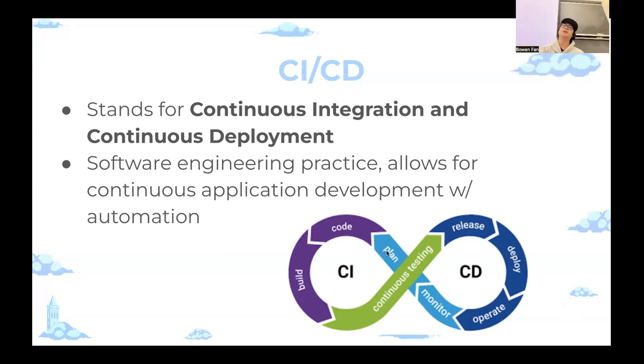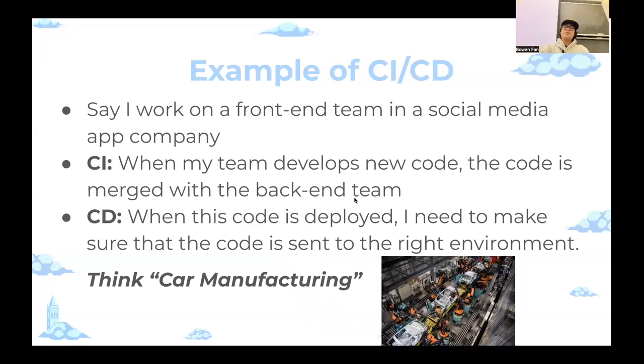You develop a new plan, code it, build it, test it, and then release. So it's a constant cycle of continuous development and continuous deployment. So an example, say I work on a front-end team in a social media app company. Say I work on the front-end team on Instagram.